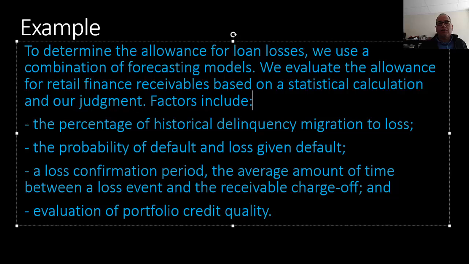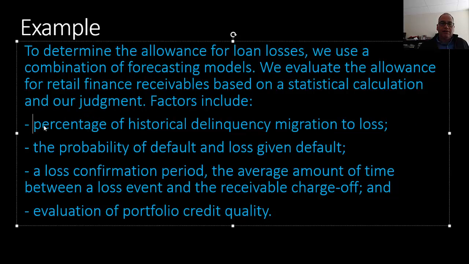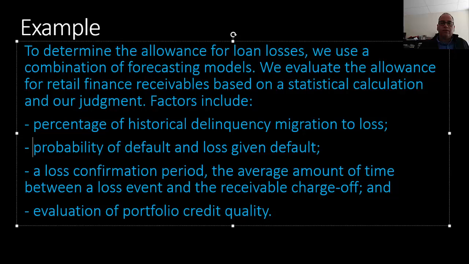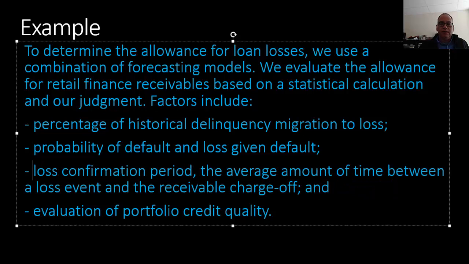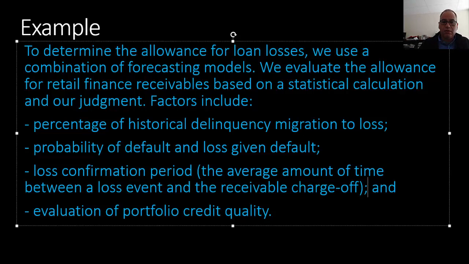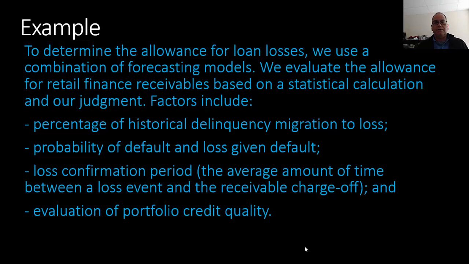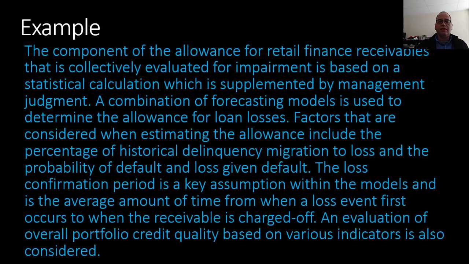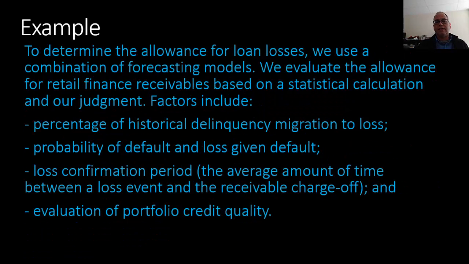Factors include the percentage of historical delinquency, migration to loss, the probability of default and loss given default, loss confirmation period, and evaluation of portfolio credit quality. So now you've taken this gobbledygook and simplified it into a much clearer expression of your ideas.